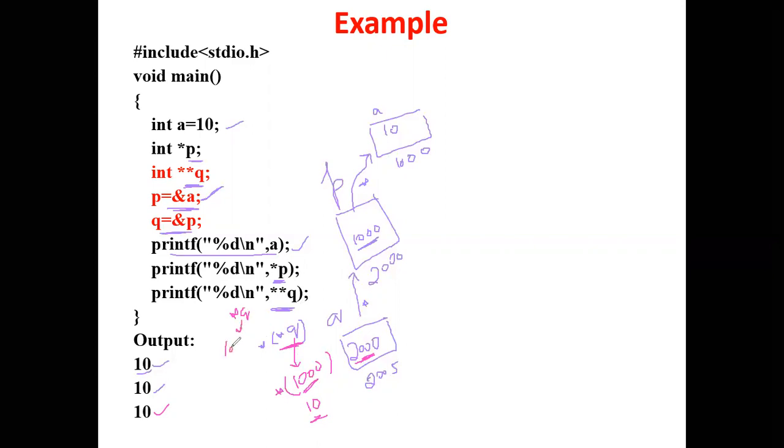Just try different printf statements. This is how you will get the output 10 10 10. If they ask in the exam to explain the pointer to pointer concept, you can give this simple example with the output.